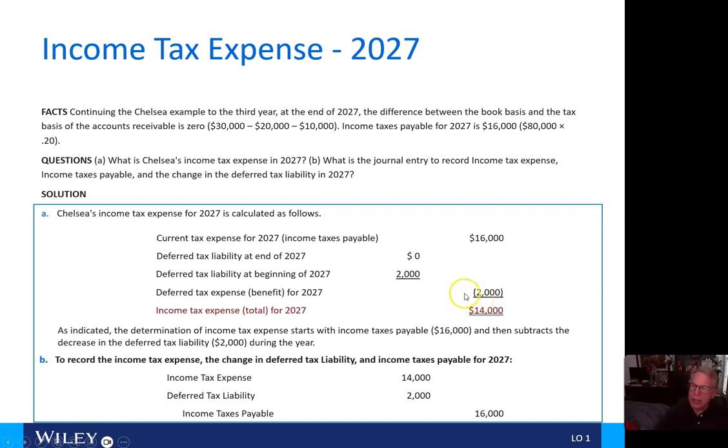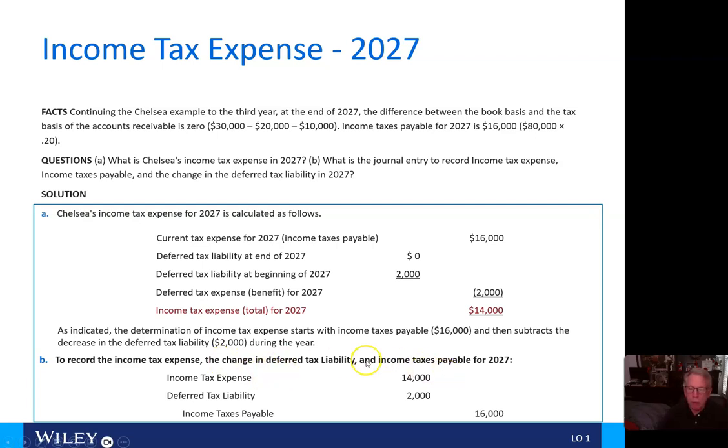So, as indicated, the determination of income tax expense starts with income taxes payable and then subtracts the decrease in the deferred tax liability of $2,000 during the year. So as we record the journal entry, we'll record the income tax expense, the change in the deferred tax liability, and the income taxes payable.